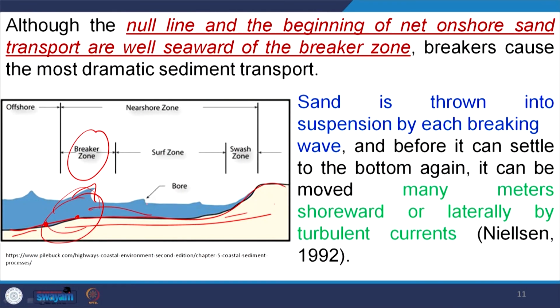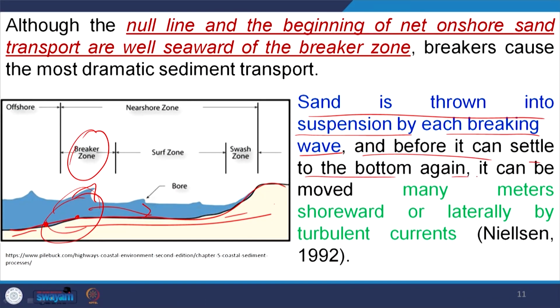Once the sand is in saltation mode, it moves, and finally sand is thrown into suspension by each breaking wave. Before it can settle to the bottom again, it can be moved many meters shoreward and laterally by turbulent currents.